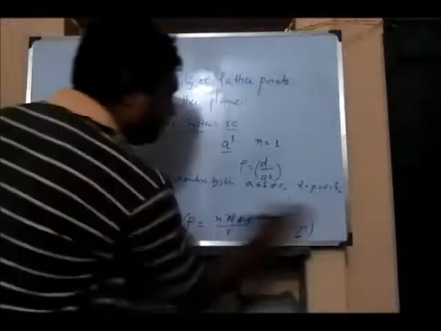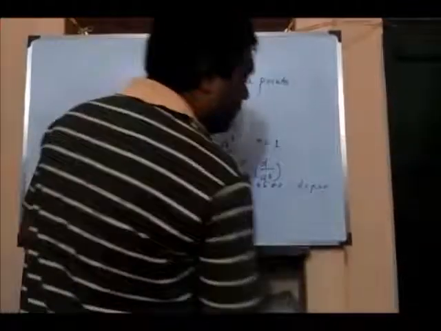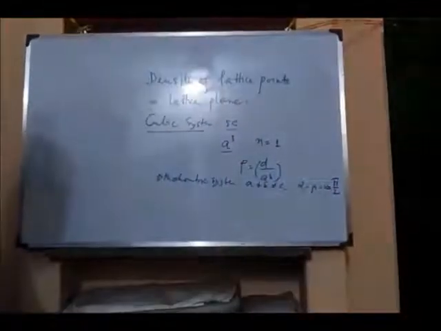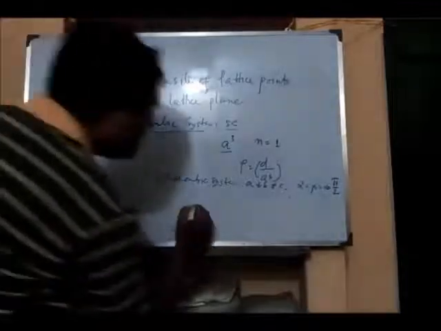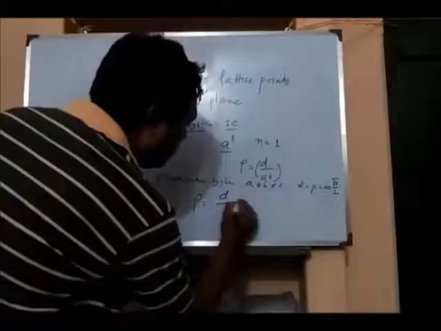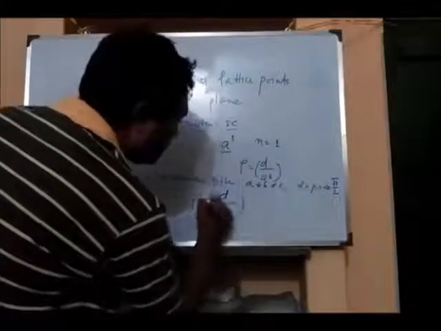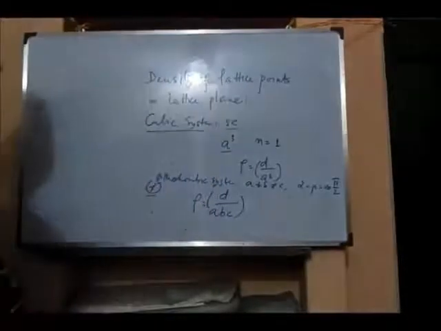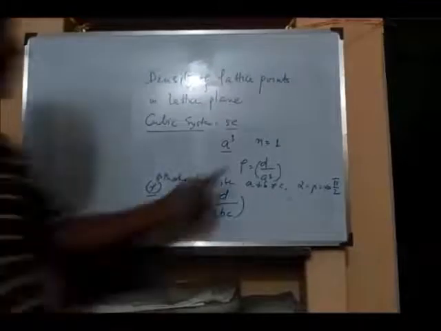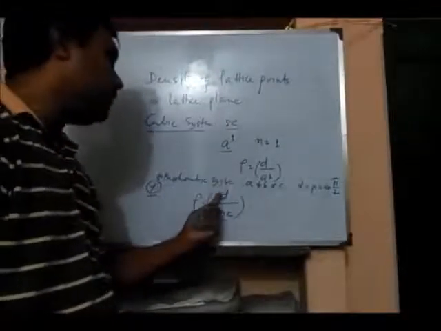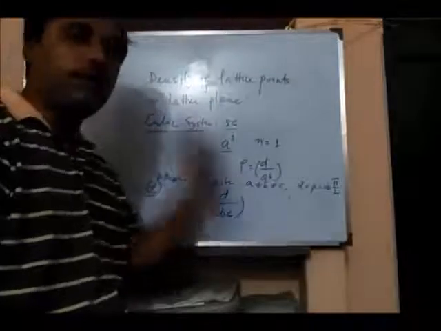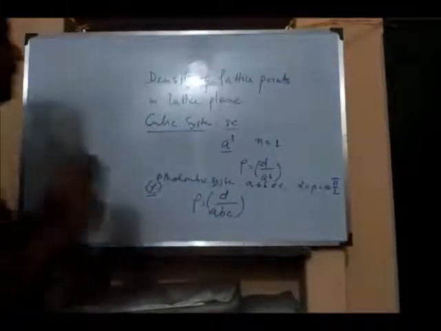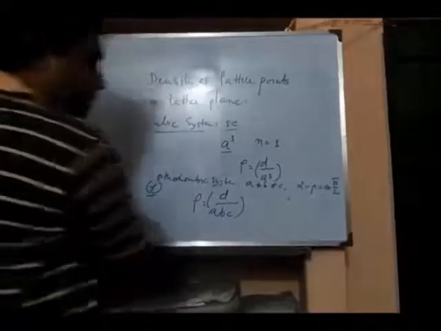So for the orthorhombic system, rho will be D divided by a, b, c. If this is a primitive cell, otherwise if it is non-primitive, then it depends on the number of lattice points present per unit cell. Okay, so these are the densities of lattice points for a specific crystal system.